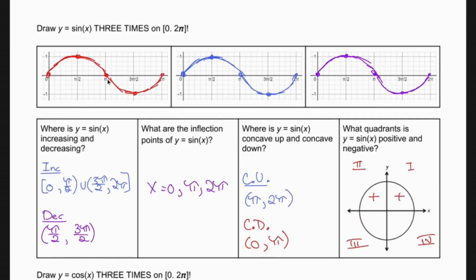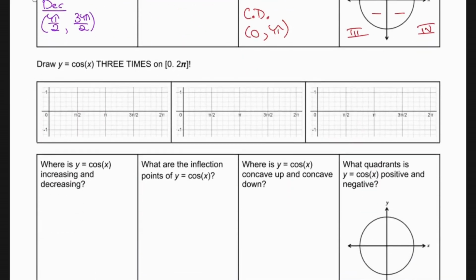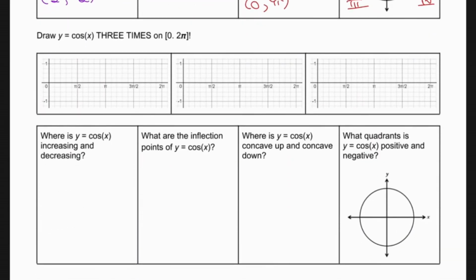It's going to be below the x-axis from pi to 2 pi, which means it's negative in quadrants 3 and 4. All right? So fun information about sine. There you have it. Let's take a look at cosine.